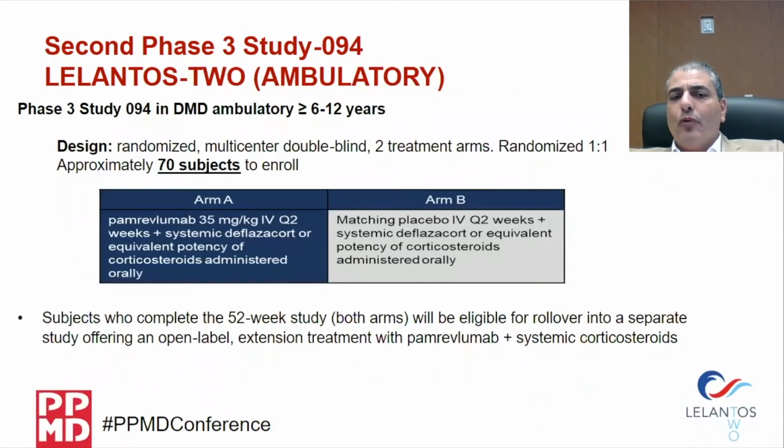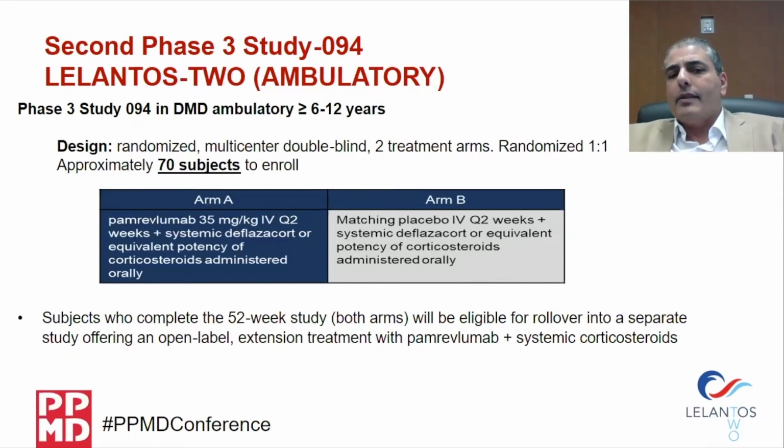Before I move on, in this slide we're going to talk about the second study we are targeting, which is the ambulatory study, study LELANTOS-2, study 094. We are planning to start this study by the end of this year, while we are in the final stage of initiating the non-ambulatory study 093, which I just discussed.